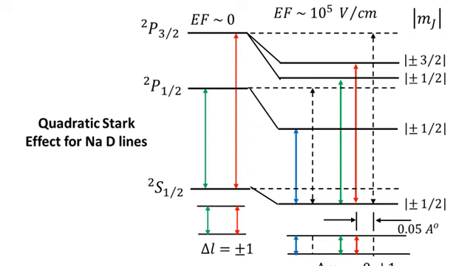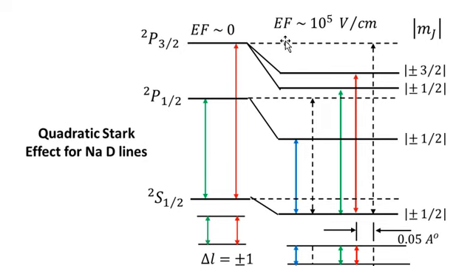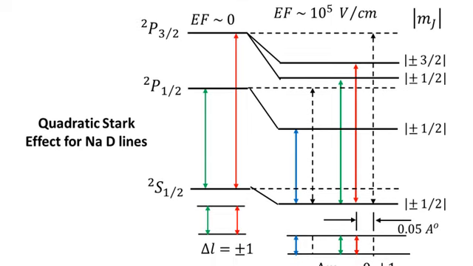Now we are going to apply an electric field of the order of 10 to the power 5 volt per centimeter to the same sodium atom. There we shall observe the displacement of the levels.